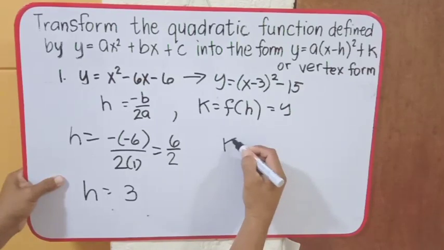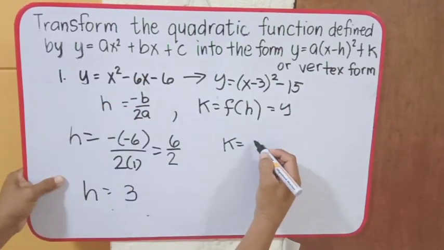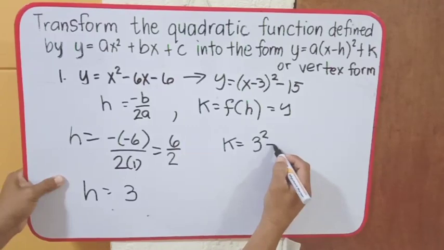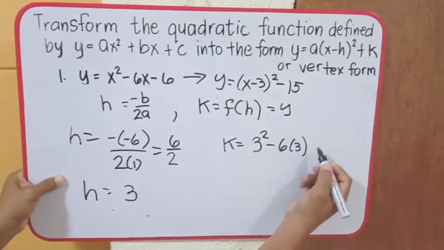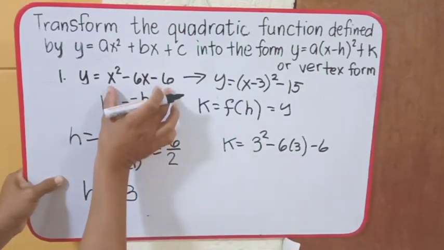So, k equals substituting. So, yung h natin ay 3. So, that is 3 squared minus 6 times 3 minus 6. Saan natin kinuha to? Ito yun doon sa value ng y natin.